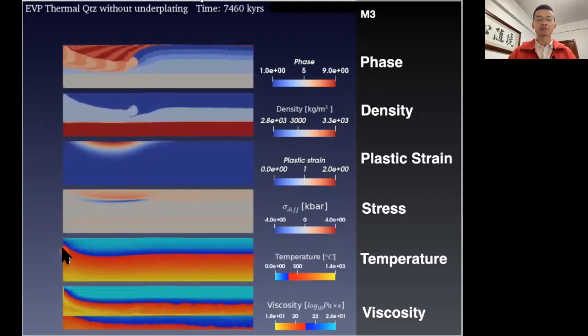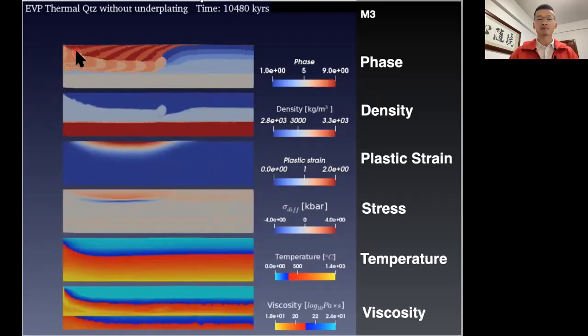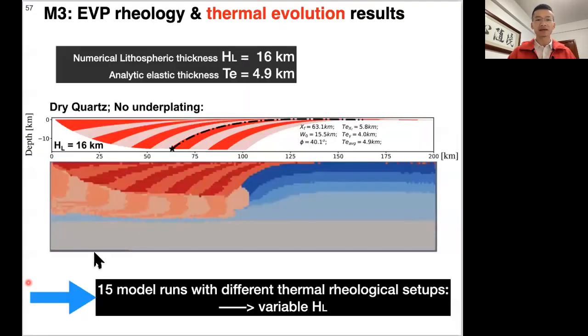Because of the heat input from the dike, the rifting center has the thinnest lithosphere. And here's the viscosity structure. Eventually, we form these bent lava flows that tilt toward the rifting center, looking like the data.